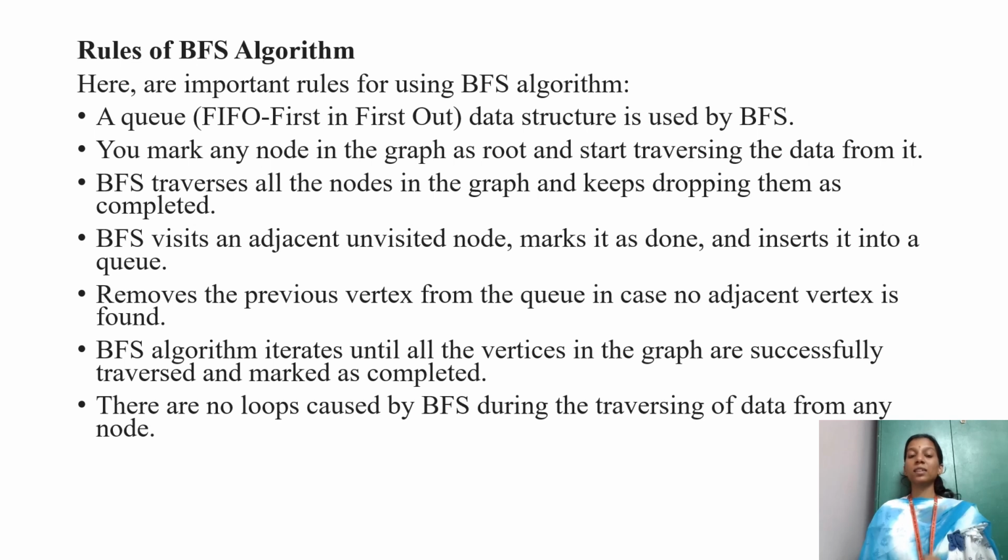If it visits an adjacent unvisited node, it marks it as done and inserts it into the queue, and removes the previous vertex from the queue. In any case, if no adjacent vertex is found, it iterates until all the vertices of the graph are successfully traversed, and it is marked as completed. There are no loops caused by BFS.